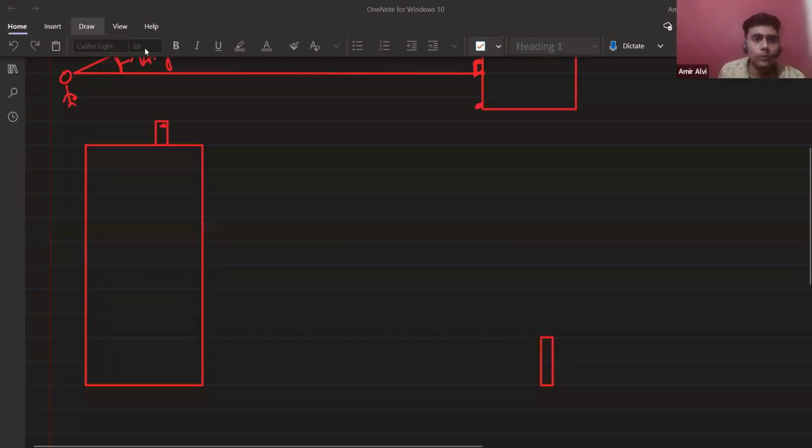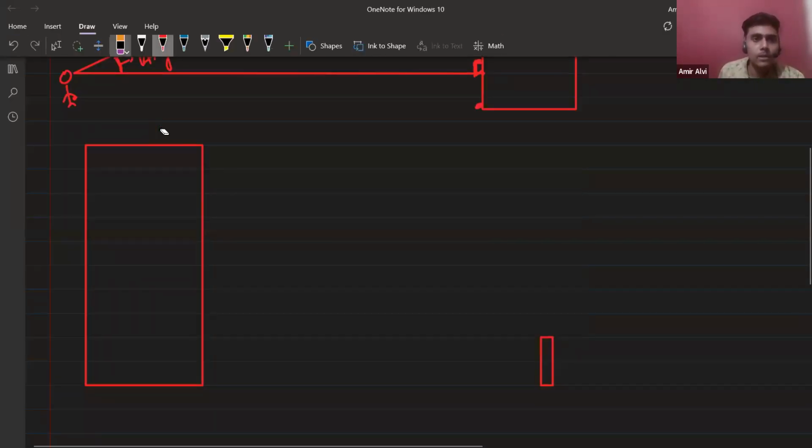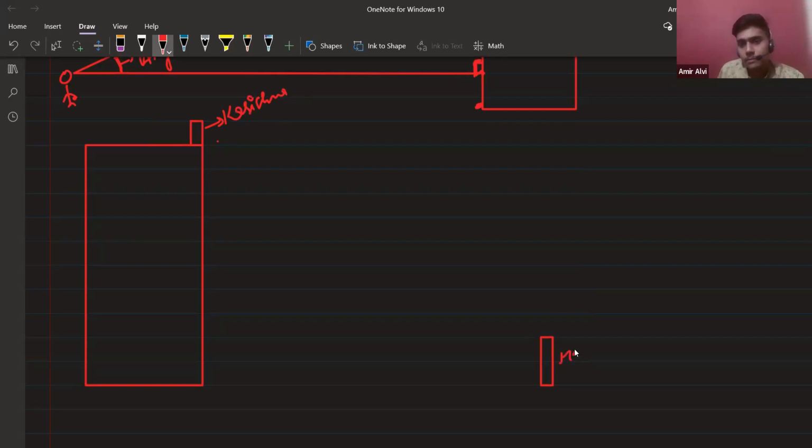Now I think my screen is visible to all of you. So let's take this shape here, and Karishma is standing here right now. So this is Karishma and this is Hiba. Karishma is looking at Hiba in this manner.